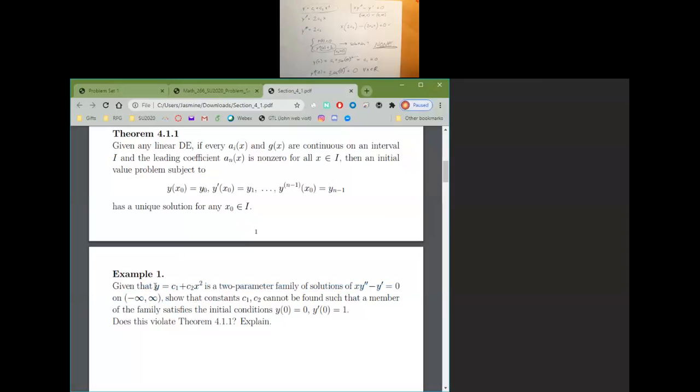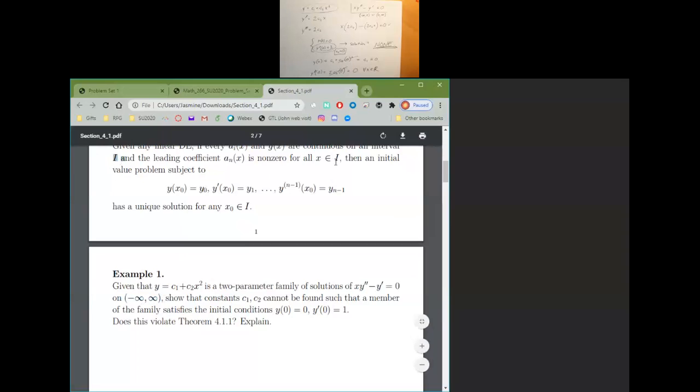This y does satisfy this differential equation for any x. However, this interval is not the same as the I that we're talking about here.